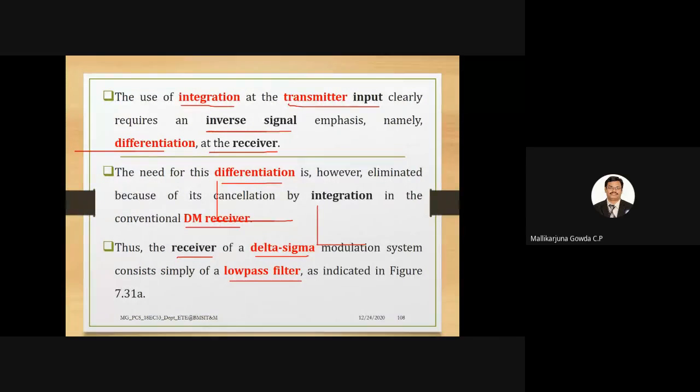Hope you understood this point. The use of integration at the transmitter input clearly requires an inverse operation, namely differentiation at the receiver side. The need for this differentiation is eliminated because of its cancellation by the integration in the conventional DM receiver. So the receiver of a delta sigma modulation consists of only a low pass filter, which I have shown there.